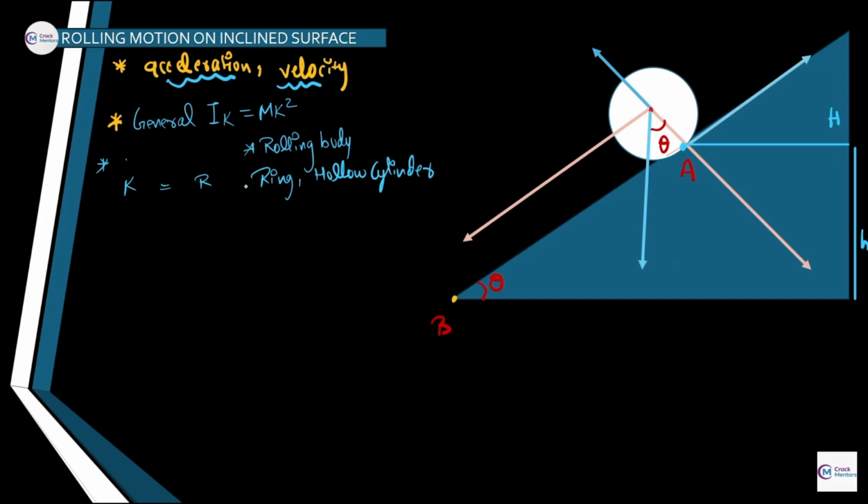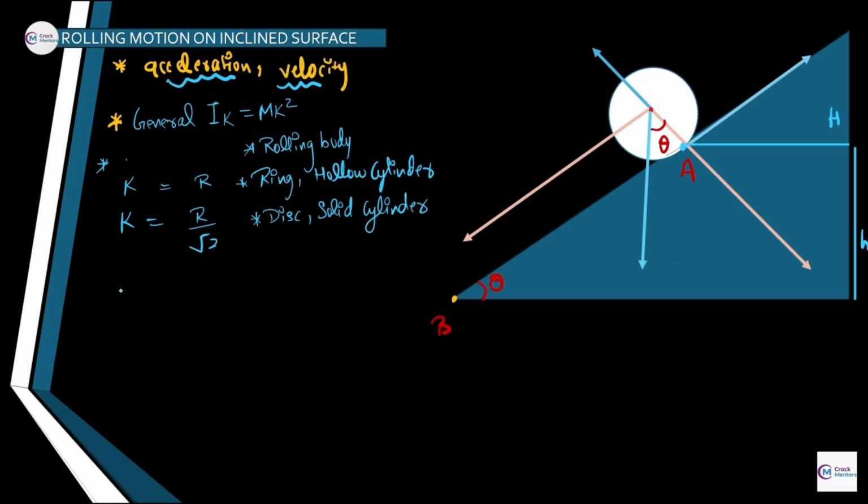Now let us talk about k. If k is equal to r upon root 2, then it can be a disk, or can be a solid cylinder. I'm hoping that you are getting my point.